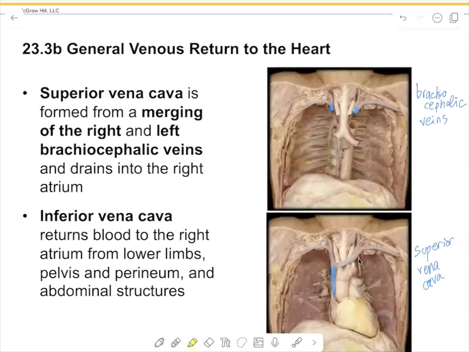So the superior vena cava is formed from merging of the right and the left brachiocephalic veins and eventually drains into the right atrium. The inferior vena cava returns blood to the right atrium from the lower limbs, pelvis, perineum, and abdominal structures.